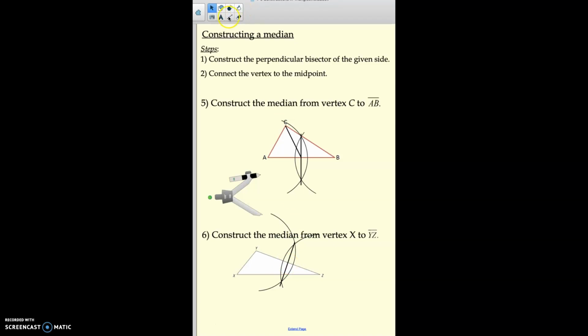So now the last thing that I need to do is connect the vertex X to that midpoint that we just found. And that is the median from X to YZ.